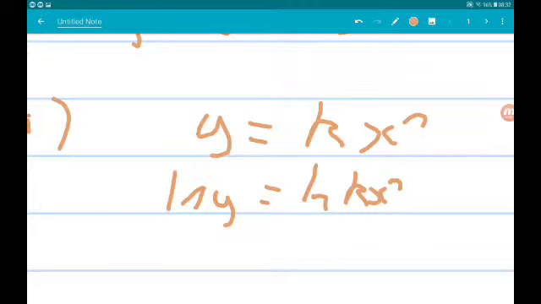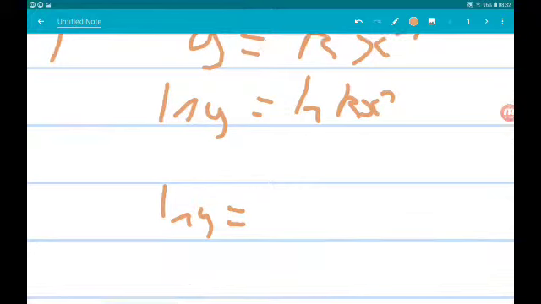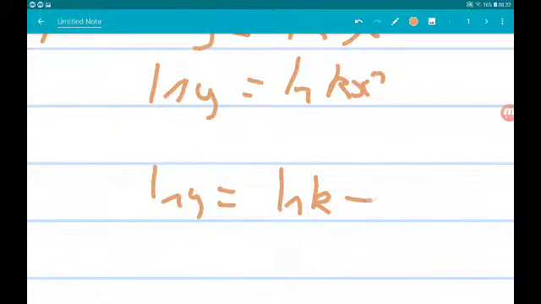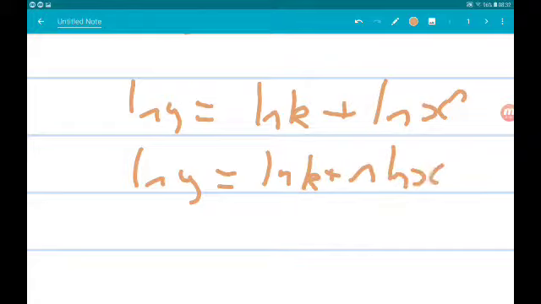Now using the laws of logs, on the right we can say log y is log k add log x to the power n, and then by the laws of logs we get log k add n log x.